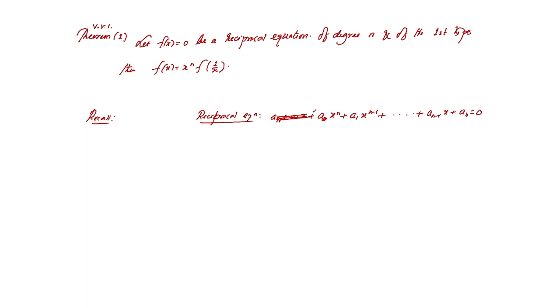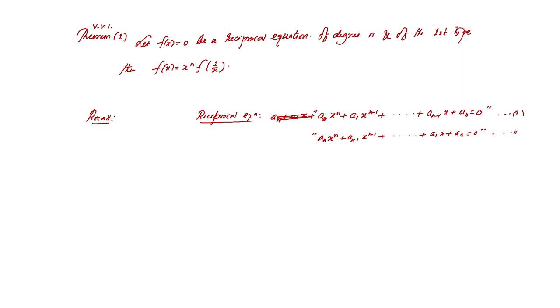Just consider this is a reciprocal equation, and you know this equation is identical with this: a_n x to the power n, a_{n-1} x to the power n minus 1, ..., a1 x plus a0 equals 0.